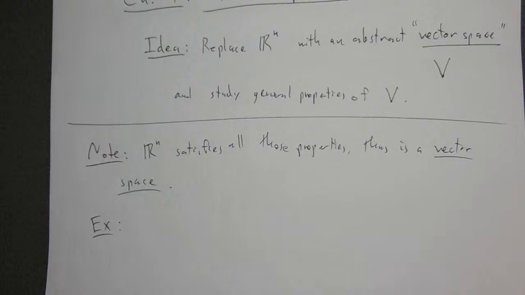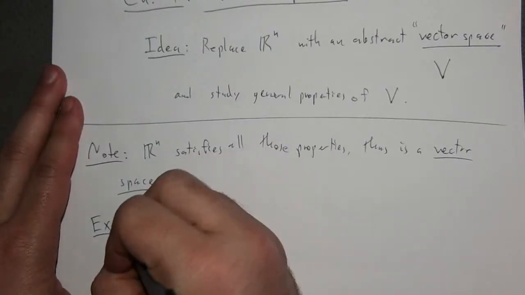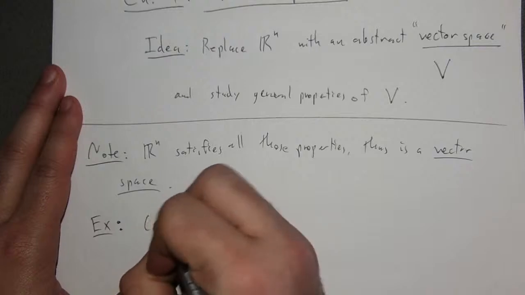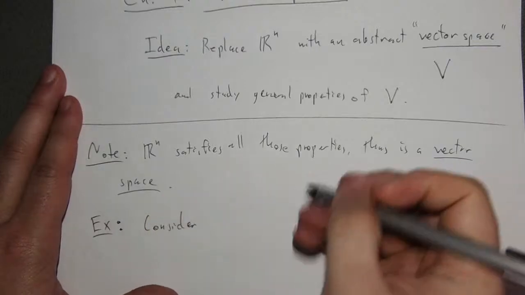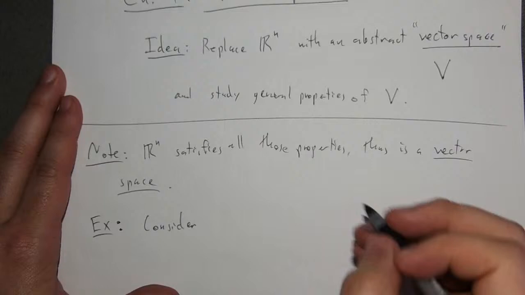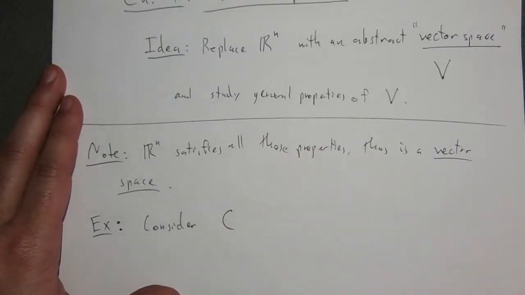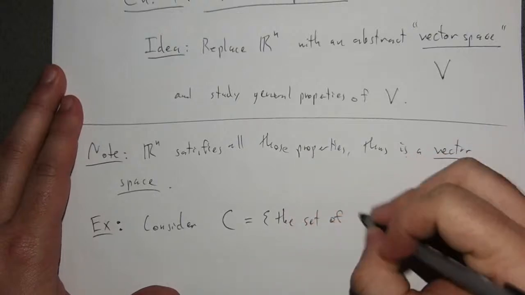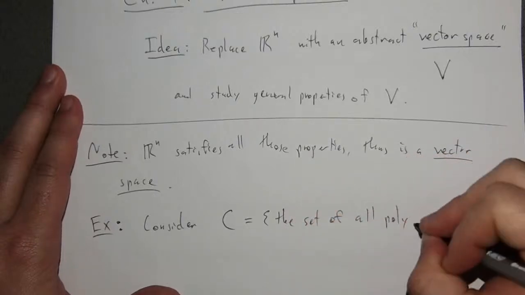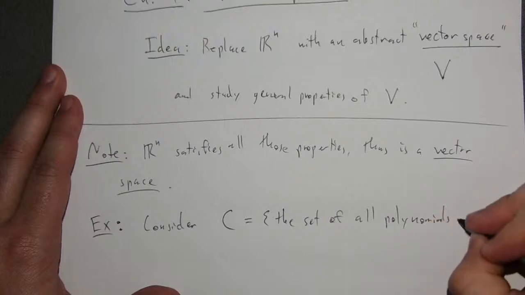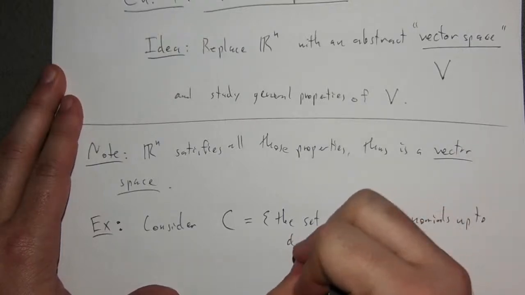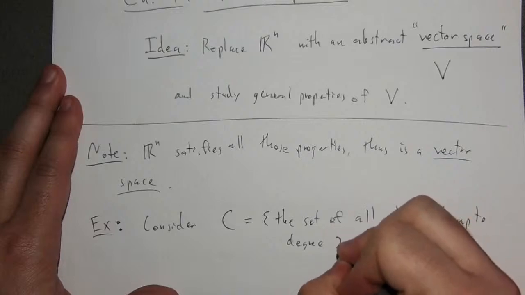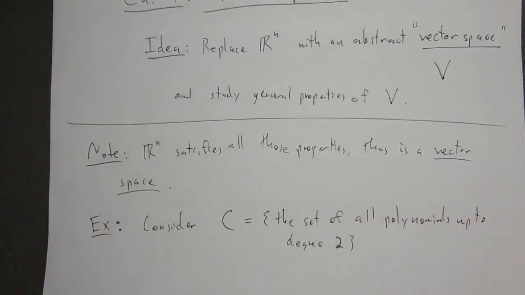Consider the set, I'm going to call it C. Consider the set C, which is the set of all polynomials up to degree 2.